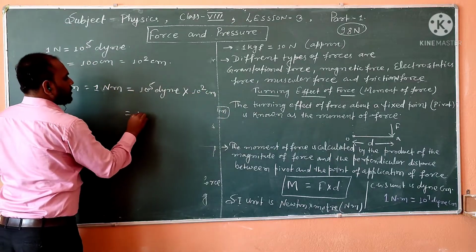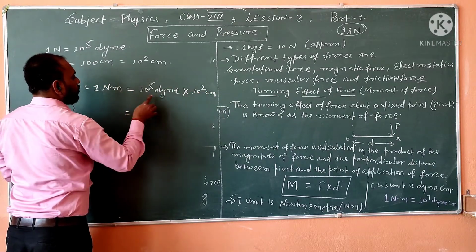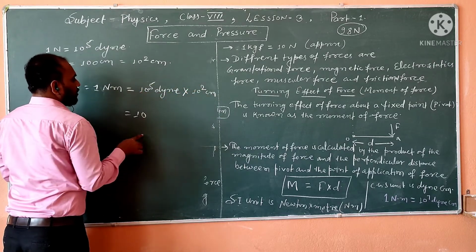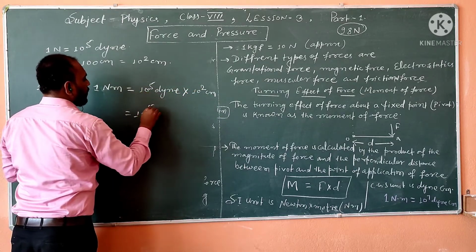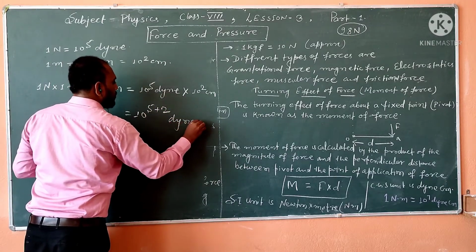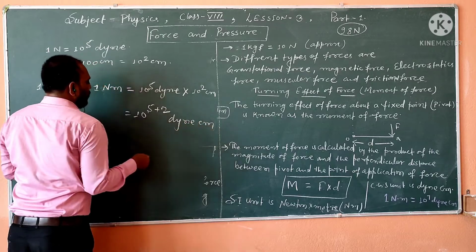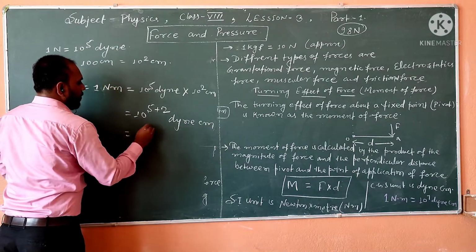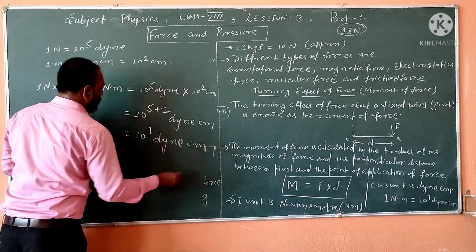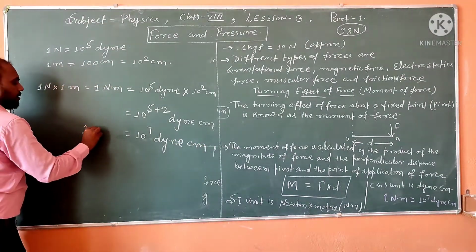That means 10 to the power 5 and 10 to the power 2. If the base is the same, the powers are simply added in a product. So 5 plus 2 becomes 7 dyne centimeter. That's why it is 10 to the power 7 dyne centimeter, that is 1 Newton meter.